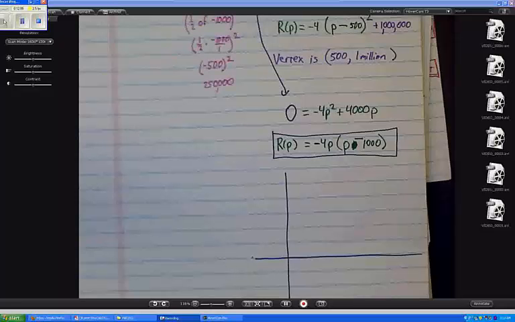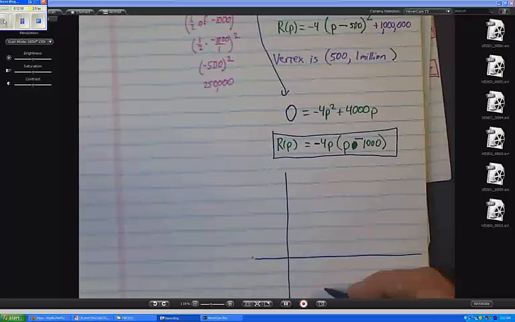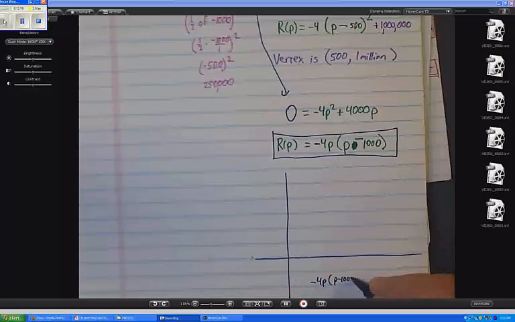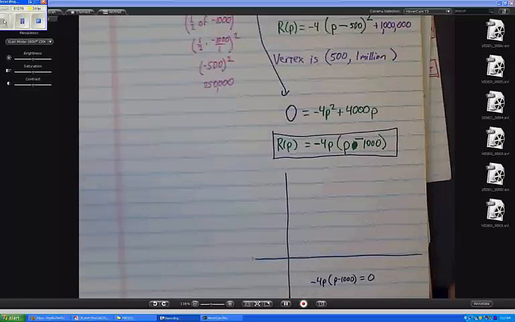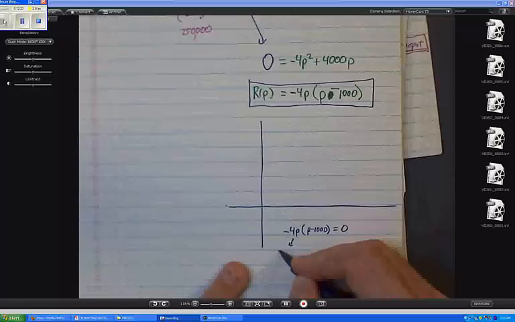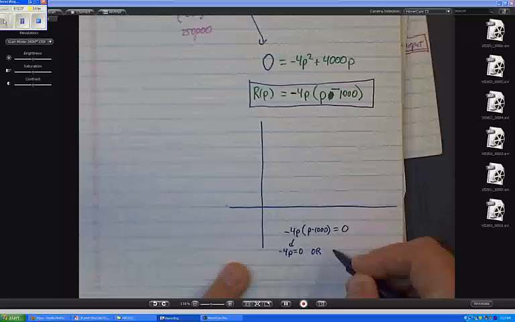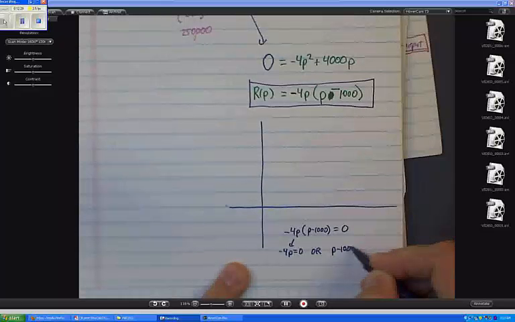I want to explain this so you understand it, guys. Look. See, if I have the equation negative 4p times p minus 1,000 equals 0, where it's factored, I know that one of the factors has to be 0. Either the negative 4p is 0, or what else could be 0? P minus 1,000 might be 0, right?